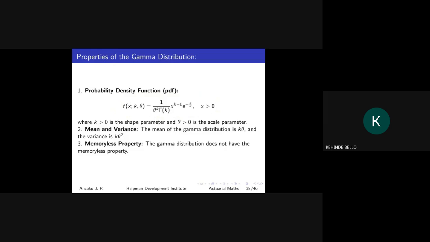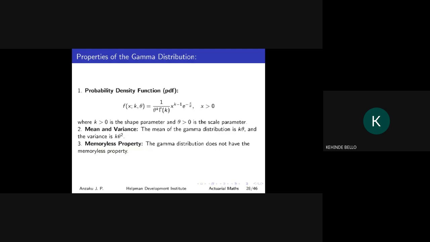The mean of the gamma distribution is the shape parameter times the scale parameter, that's k times theta, and then the variance is k times theta squared. The gamma distribution does not have a memoryless property. Remember, we said it is related to the exponential distribution, and the exponential distribution has a memoryless property, which means it does not take into cognizance the event that happened before.